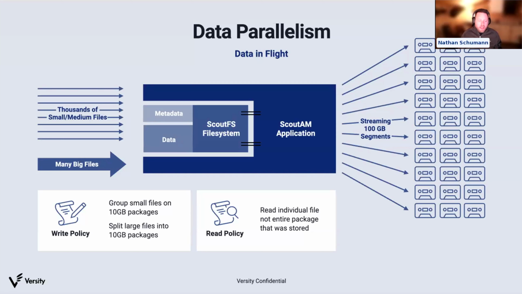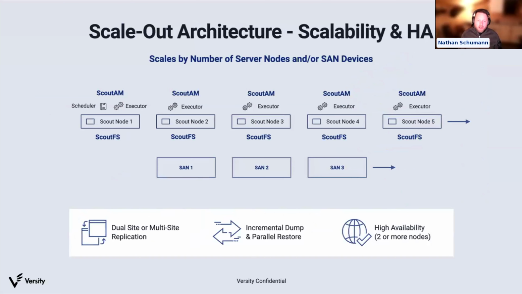In terms of how we actually scale out ScoutAM, we are a multi-node architecture, so you can have typically 2 or more nodes. All of these nodes are actually mounting the ScoutFS file system. They're all reading and writing both metadata and data, and they're all running the ScoutAM application.